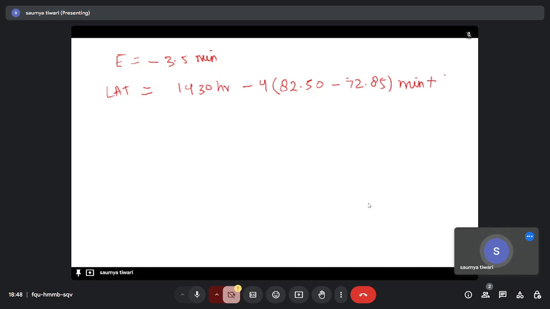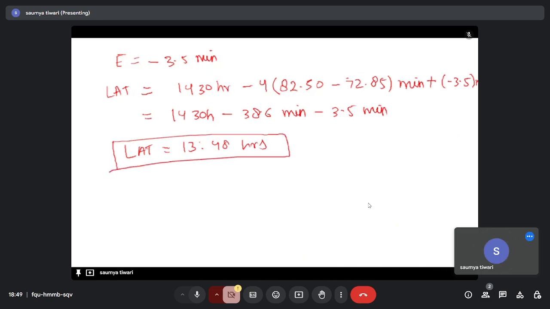Plus the E value, which was minus 3.5 minute. Okay, we'll solve this. It will be 14:30 hour minus 38.6 minute and minus 3.5 minute. And further solving it, you can get the local apparent time in hours. Okay, so this will be your final answer.